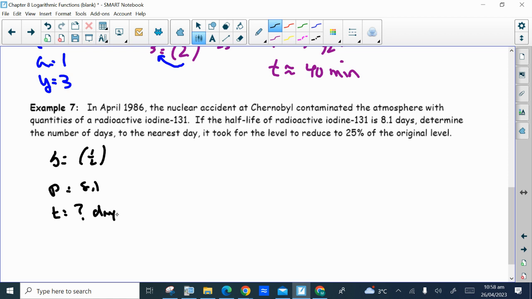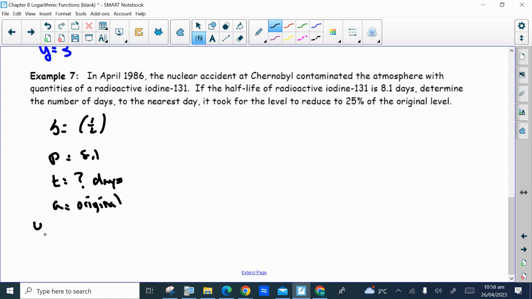in days, because our half-life is in days, so that the amount at the end is 25% of the original amount. So if we said that A is the original amount, Y, the amount at the end, would have to be 0.25A, 25% of the original amount.